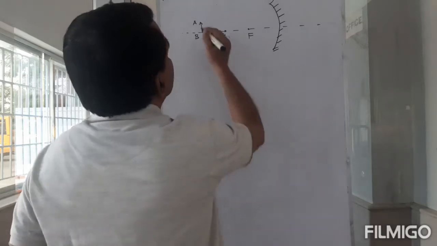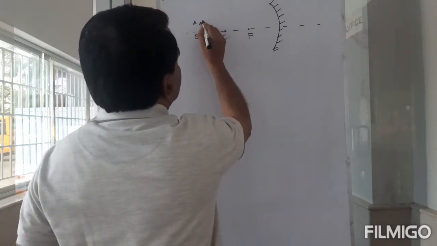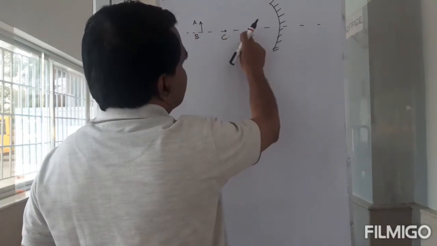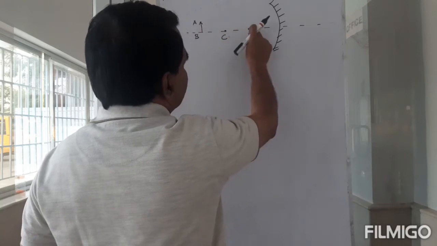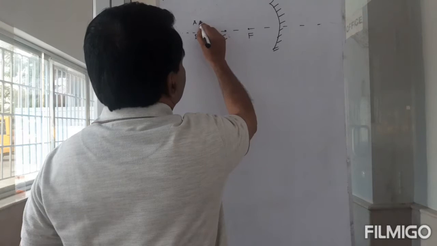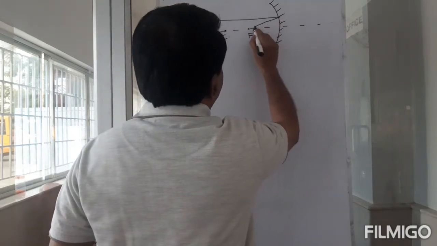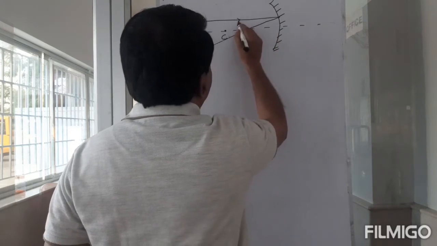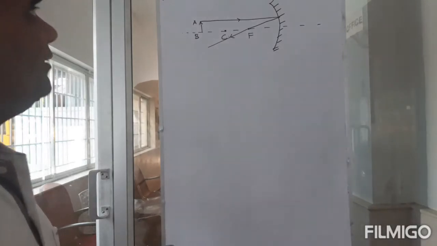We know that. So this is going to be my first ray. I'll choose the parallel ray: the ray parallel to the axis will go through F, like this. Right? You agree?